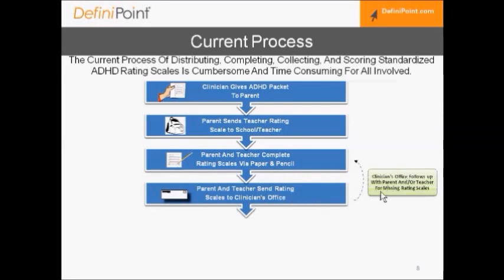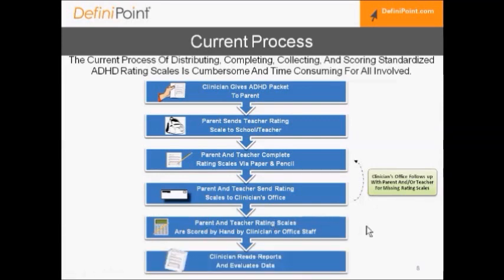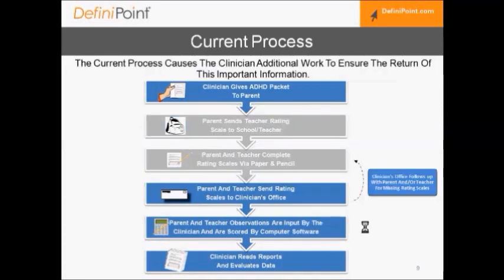Unfortunately, they don't always get back in a timely manner, and so the clinician or the office then has to follow up to track down the missing information. Once the rating scales do get back to the office, they're then scored by the clinician or by the office staff. The data is then interpreted by the clinician and a report prepared summarizing the information.